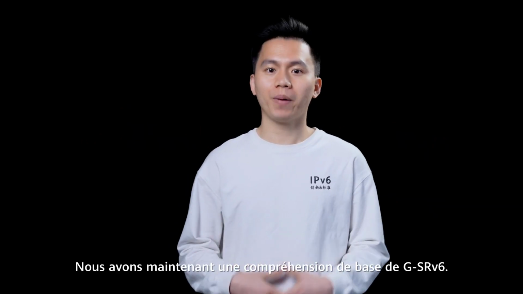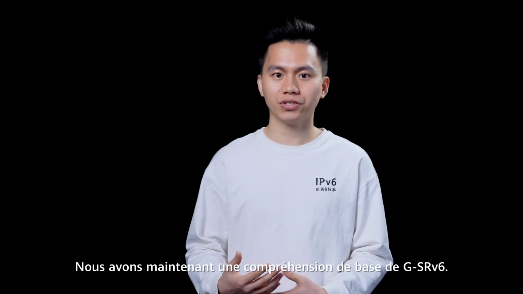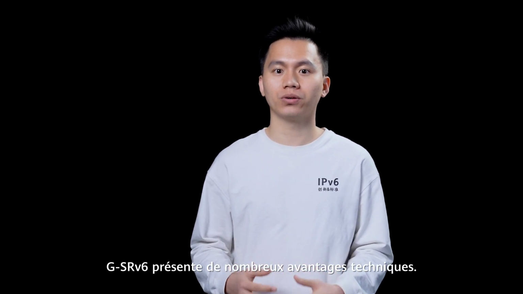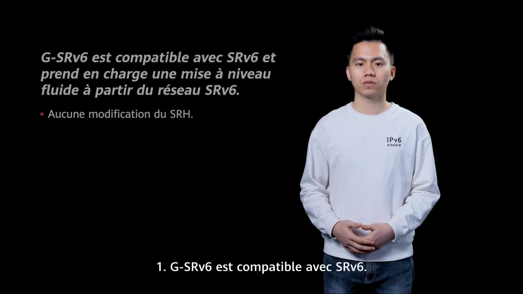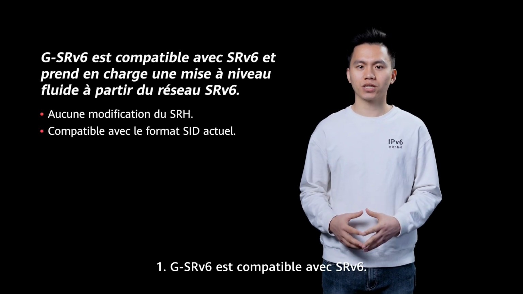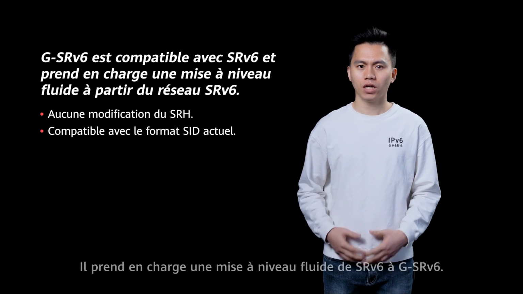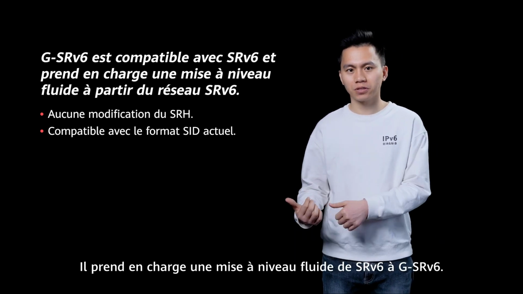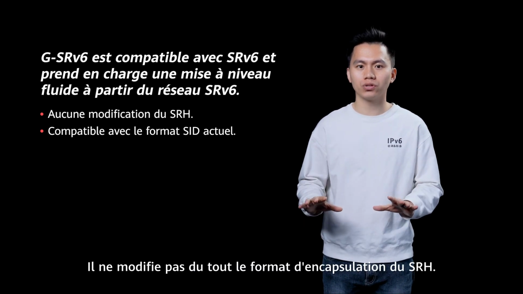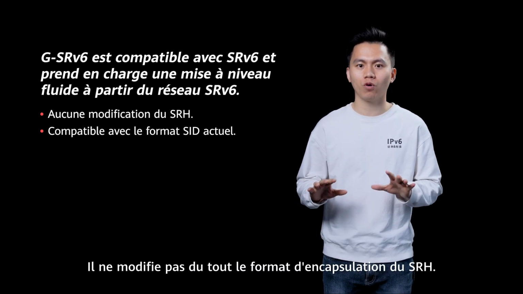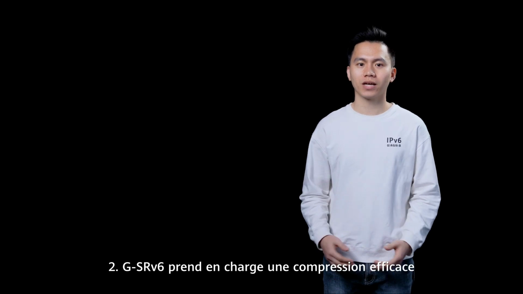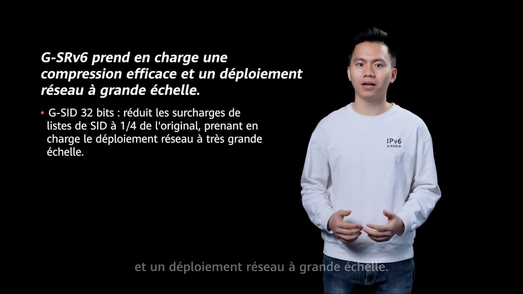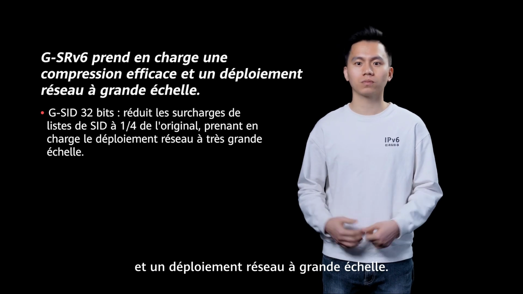So now we have a basic understanding of G-SRv6, and we can see that G-SRv6 has multiple technical advantages. First of all, G-SRv6 is compatible with SRv6. It supports smooth upgrade from SRv6 to G-SRv6, and it does not change the SRH encapsulation format at all. Secondly, G-SRv6 supports efficient compression and large-scale network deployment.